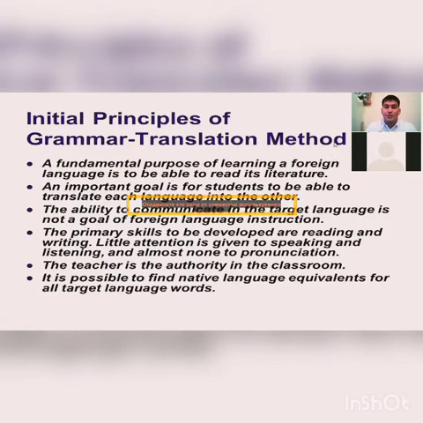The teacher was the authority of the classroom, and each word in the target language had to be given a translation. But we see now that it is impossible to find equivalents for every word of the target language in our mother tongue. We can only find long explanations.